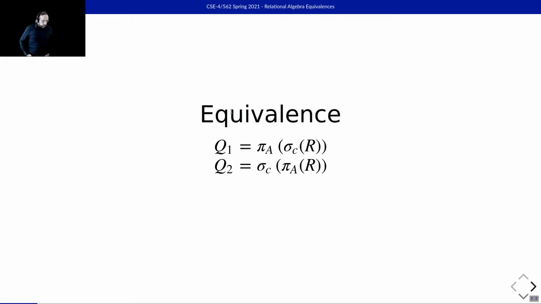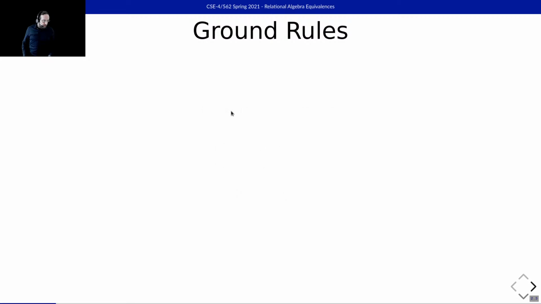So what do I mean by that? I have two queries and I want to decide whether they're the same. Obviously, there is some sense in which these queries are different. So what we're interested in is what it means for the two queries to be equivalent.